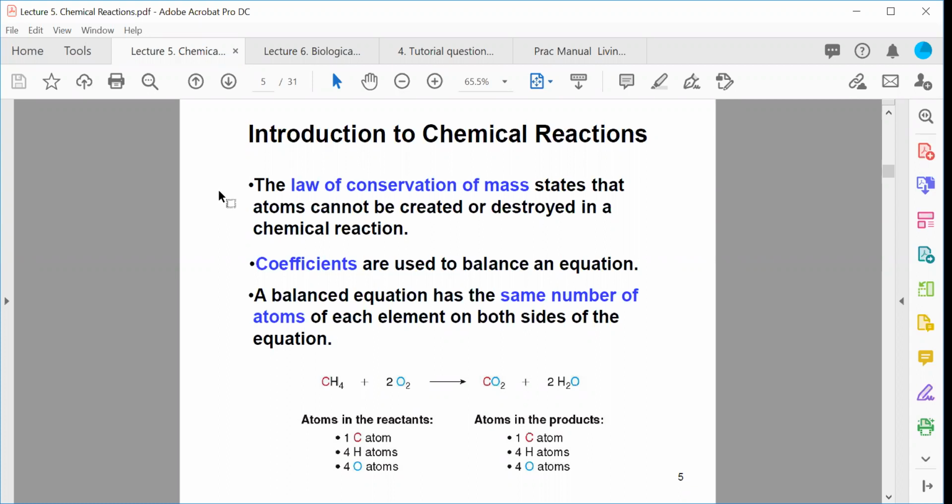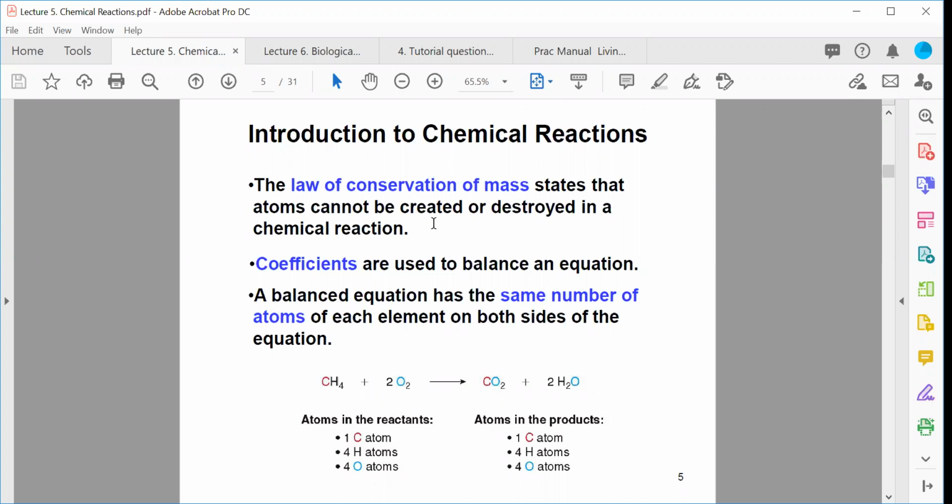The law of conservation of mass states that in any enclosed system, that is a system that is closed to transfers of matter and transfers of energy, within that closed system, atoms cannot be created or destroyed in a chemical reaction. They can only be rearranged. So that's the law of conservation of mass.